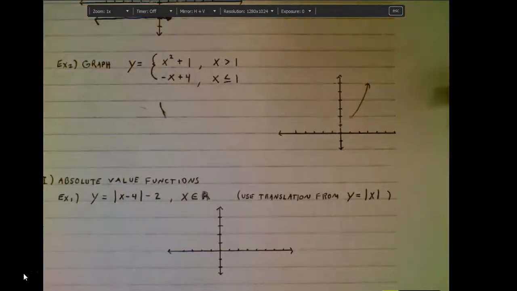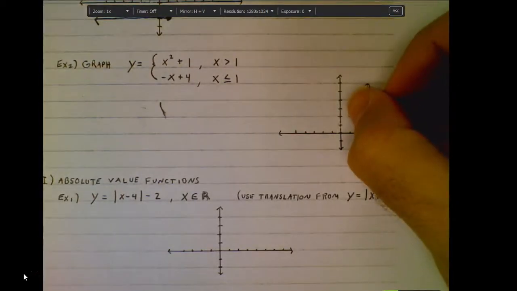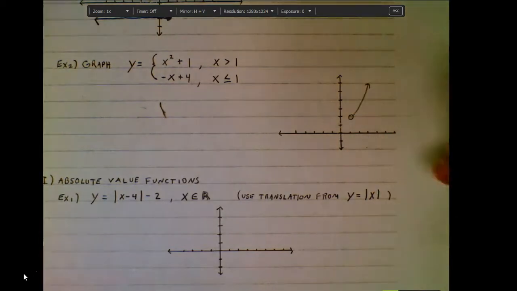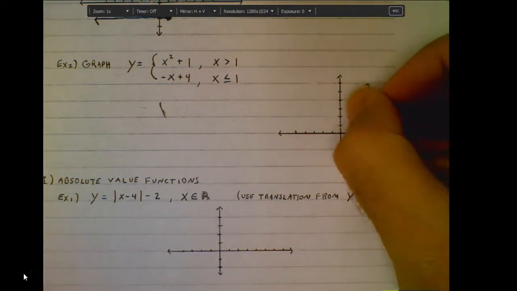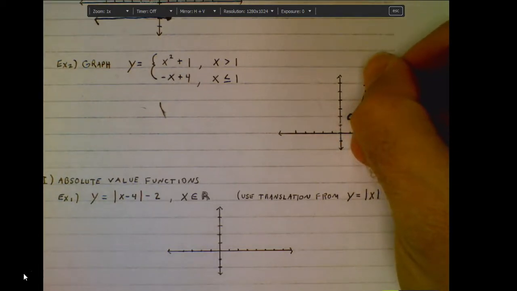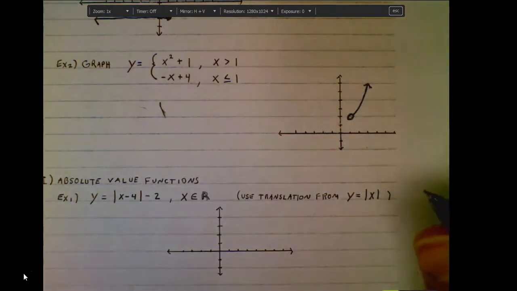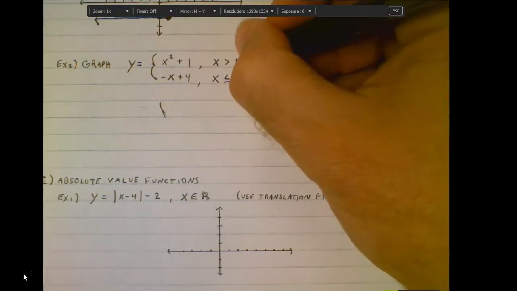And again, there's no equal sign on that, so I'm going to put the open circle, and it only goes to the right from there. And so that's the first graph. So that one's good to go. So let me put that one in blue. And so there's my parabola only for the x's that are greater than 1.